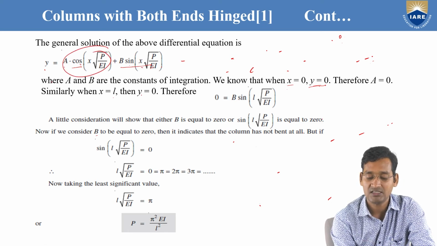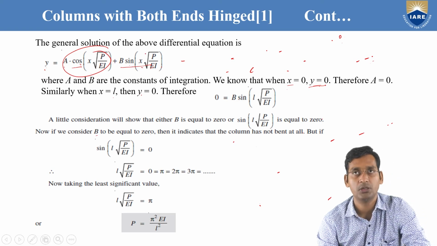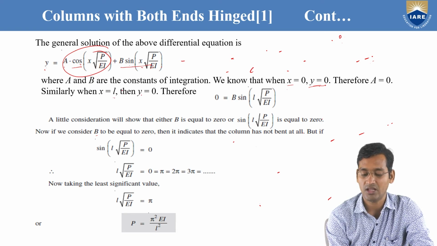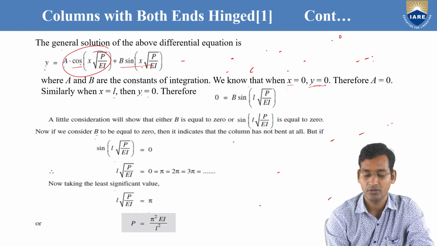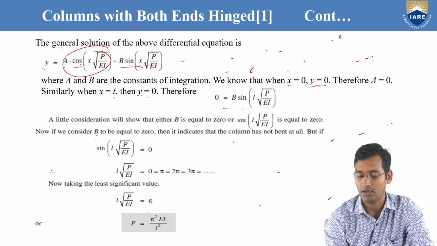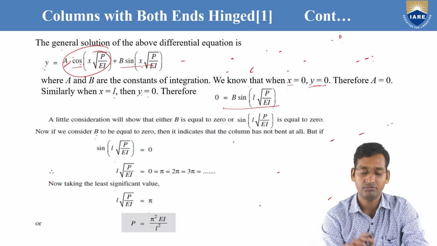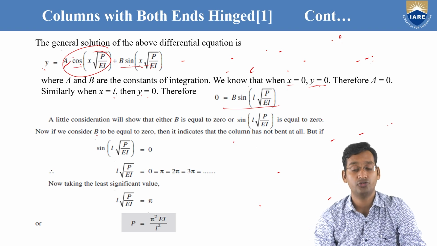Now for the next boundary condition, y equals B sin x root P by EI. The second boundary condition is when x equals L, y equals 0. After substituting, what will you get? Y is 0, so 0 equals B sin L root P by EI. Now already we have A as 0.